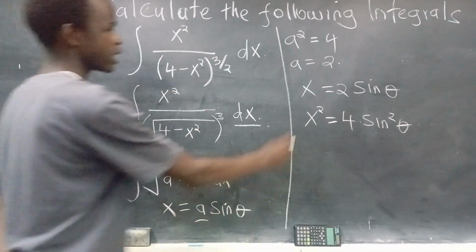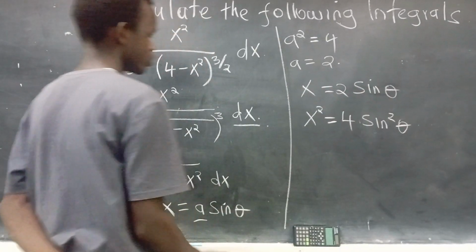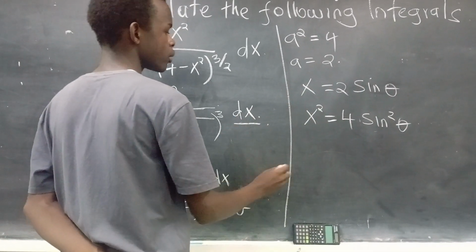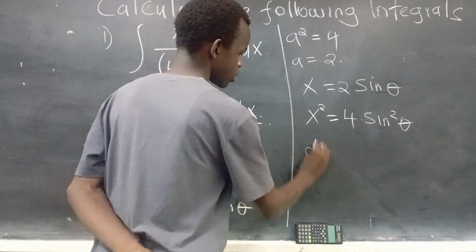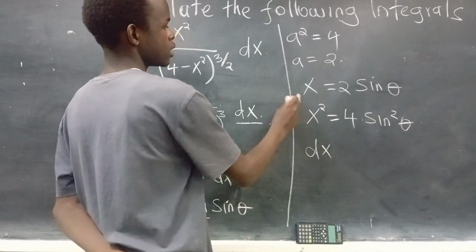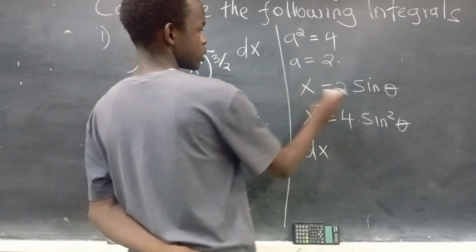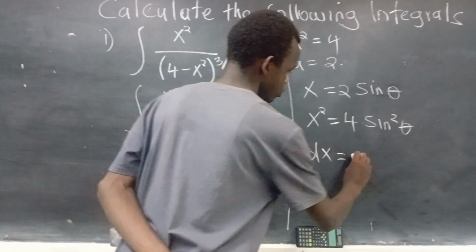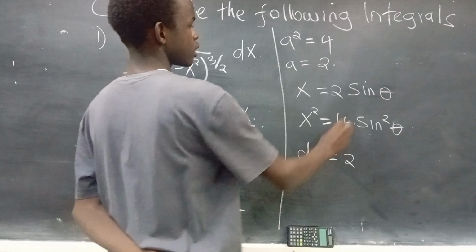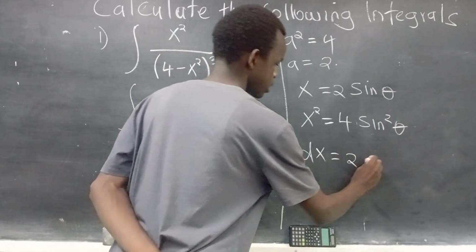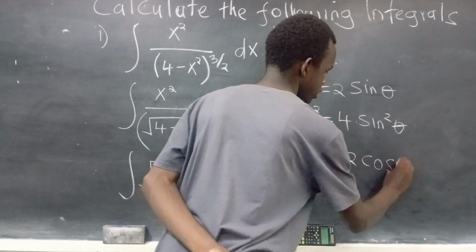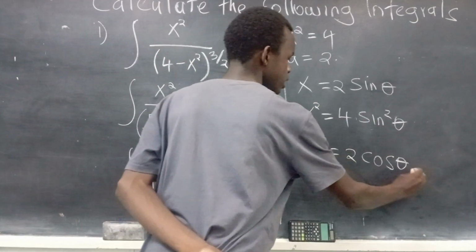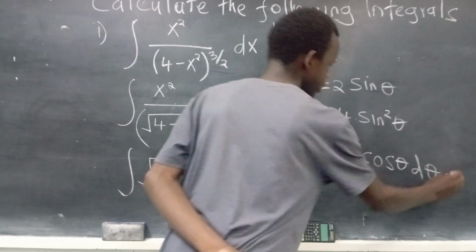I chose x to be that, so I'll differentiate x to get my dx. Differentiating x with respect to theta, I get 2, and differentiating sine, I get cos theta, but it's with respect to theta, so it will be d theta.